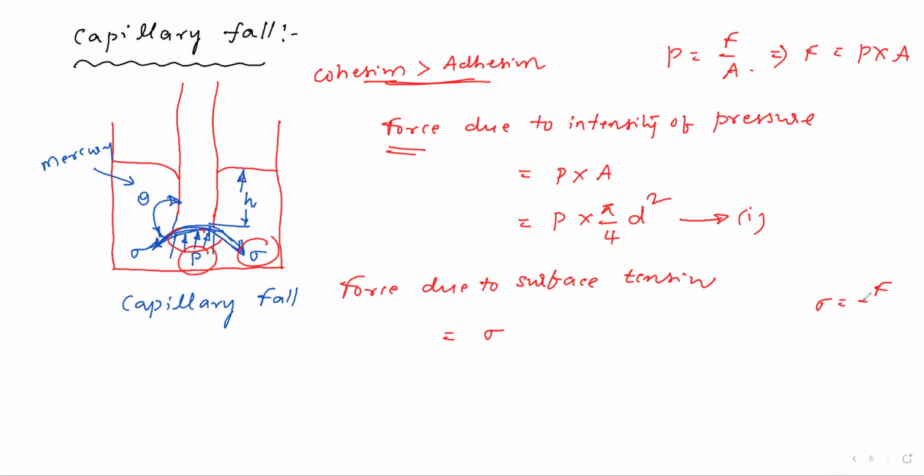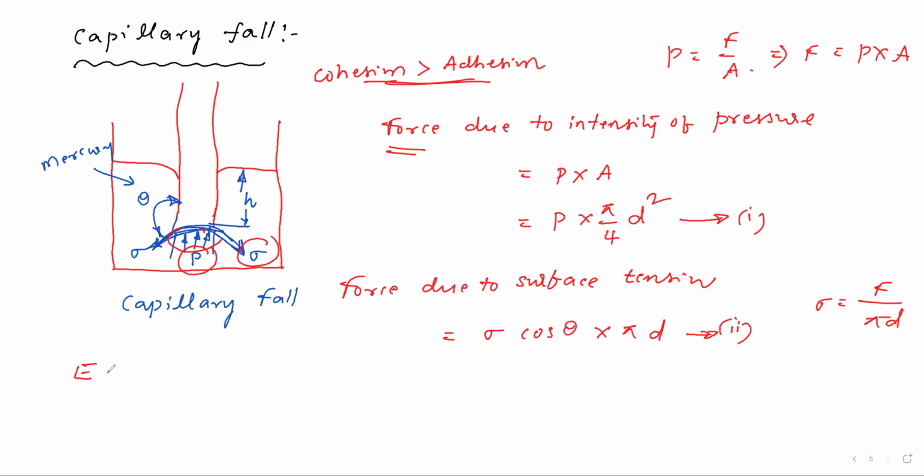Surface tension is equal to force by circumference, that is pi into d. Then force is equal to sigma into pi into d, right? So here sigma in terms of the angle with respect to this, then it will be sigma cos theta into the circumference, pi into d. So this is equation number 2.